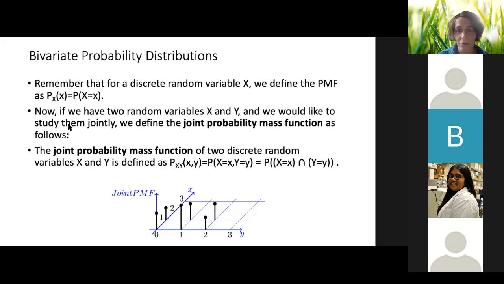Now that we have two random variables, x and y, we have pairs of observations, and we would like to study them jointly. So we have a joint probability mass function, and we can generalize that to a multivariate case, from bivariate to multivariate, right?